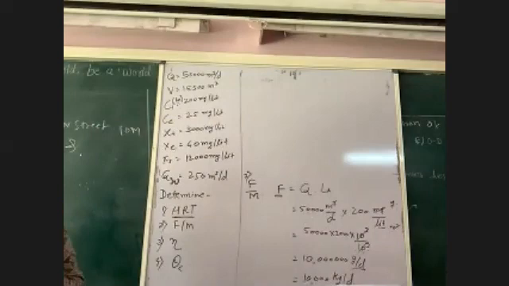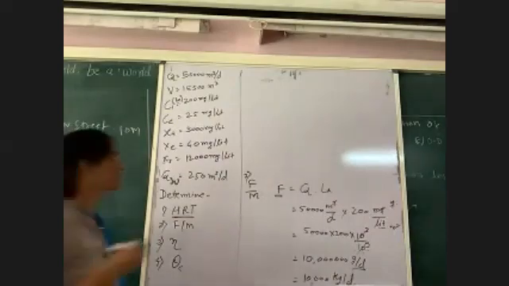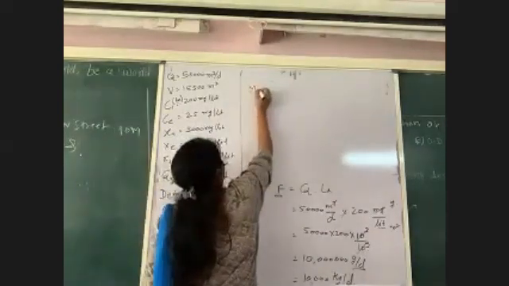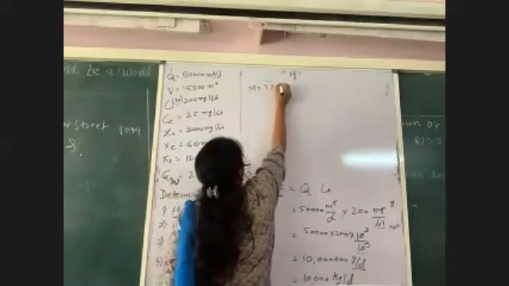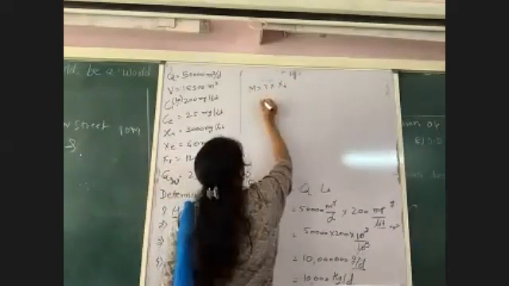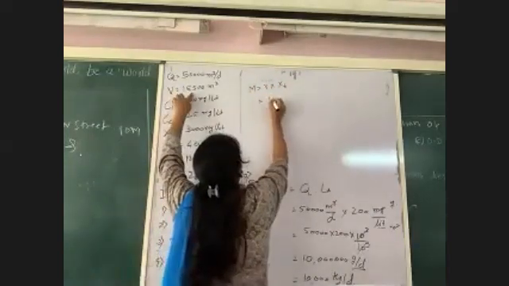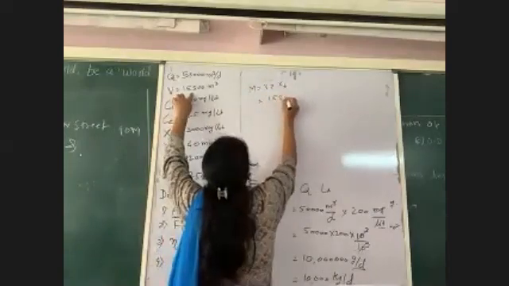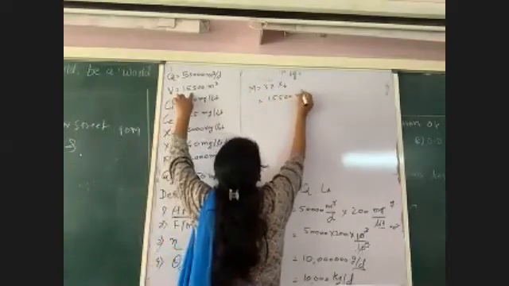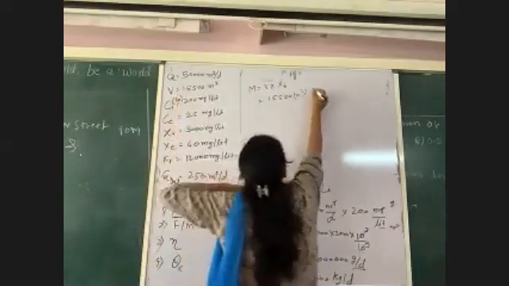Okay, what is the M? M is equal to V into XT. V is given to you, 15,500 meter cube, into XT.